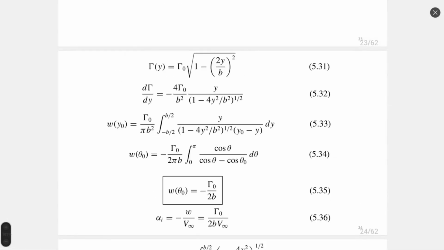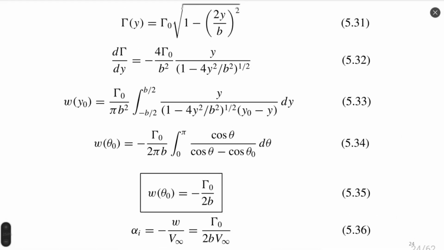Let's go back. We assume that for the elliptical wing, we have the distribution of circulation given in equation 31. Once we have this gamma, we can take a derivative by y-coordinate. It's a simple relation. We obtain equation 32, the derivative of gamma. And according to the definition of downwash velocity by Prandtl lifting line theory, we obtain equation 33.